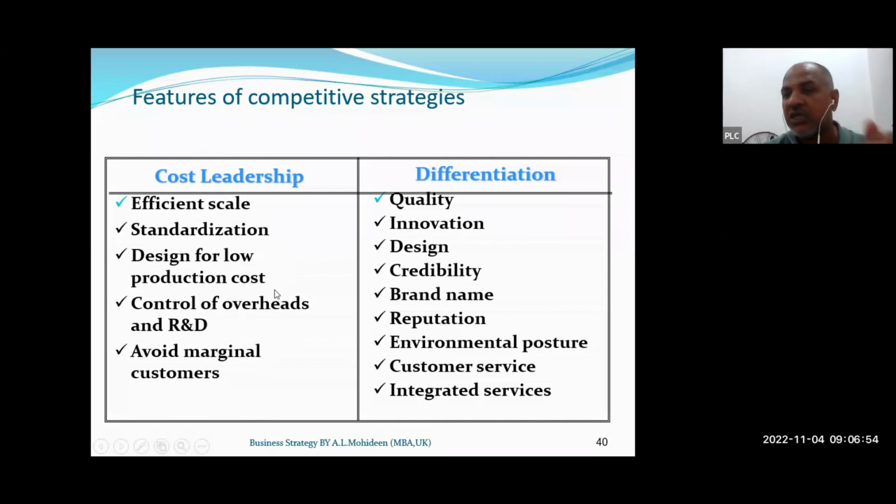Because you focus on lower cost. In differentiation you always focus on quality, innovation, design, credibility, brand name, reputation, environmental posture, customer service, and integrated services. These are the features that will be considered in differentiation.